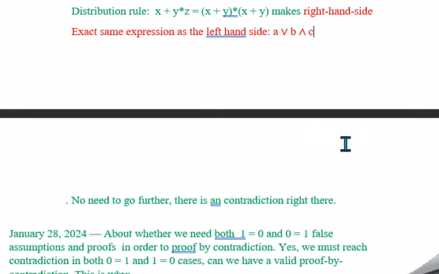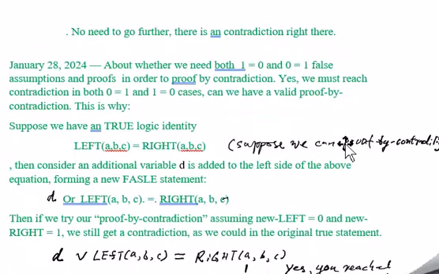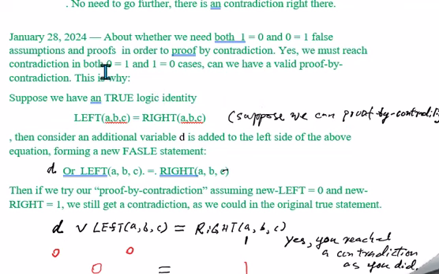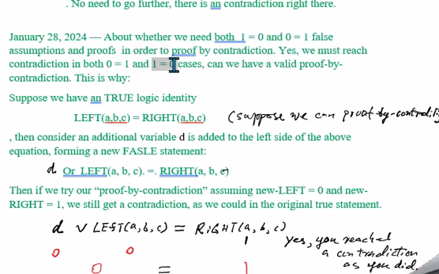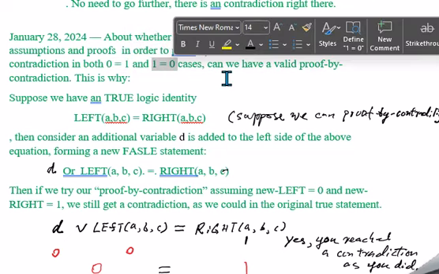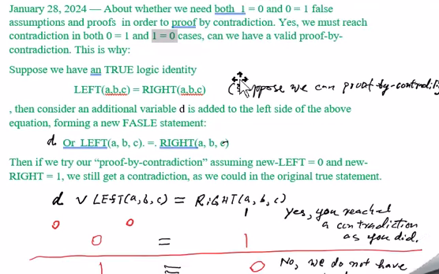Now, one more important step: do we really need to do both ways? Turns out we do. We must reach a contradiction in both, assuming this false statement and also assuming the other way. Only with both cases do we have a valid proof by contradiction. Let me go over this step.